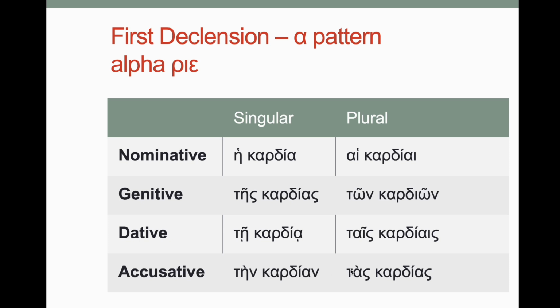And as you look at this paradigm, you're going to ask, wait a second, the genitive singular form, alpha sigma, is the same as the accusative plural form. How in the world am I going to know the difference? You'll know the difference in two ways. First, you'll know from context what the case and number is.